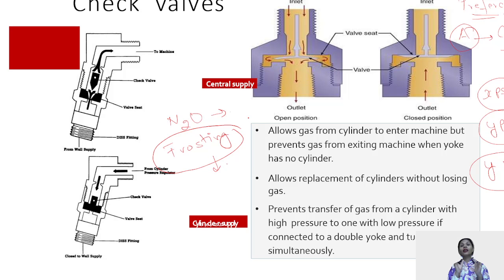This is the characteristic of your nitrous oxide cylinder, or of any liquefied compressed gas, but most importantly, in anesthesia, nitrous oxide. So frosting is present because of the latent heat of vaporization of nitrous oxide.